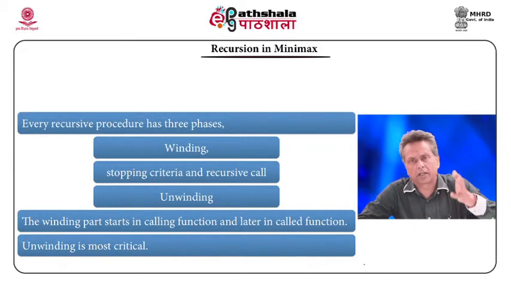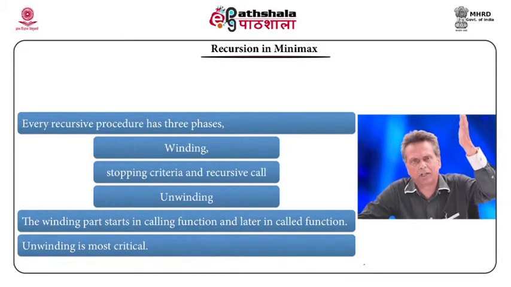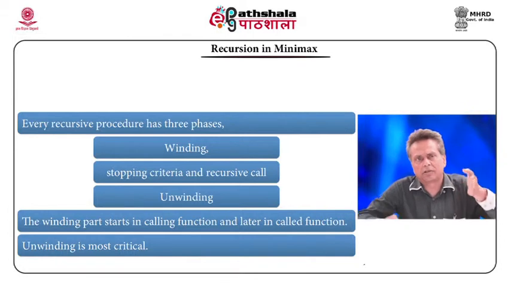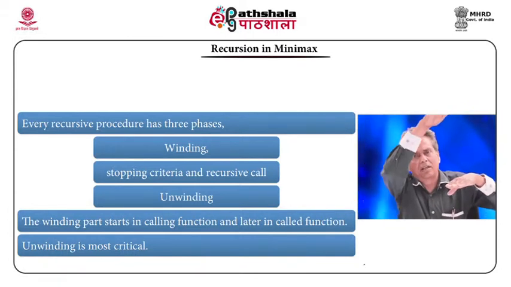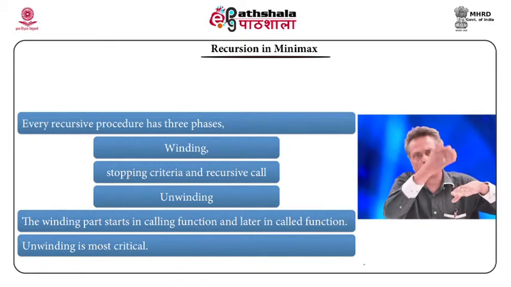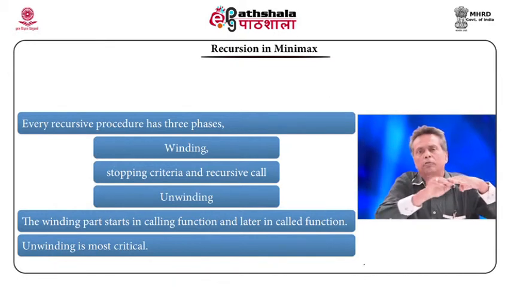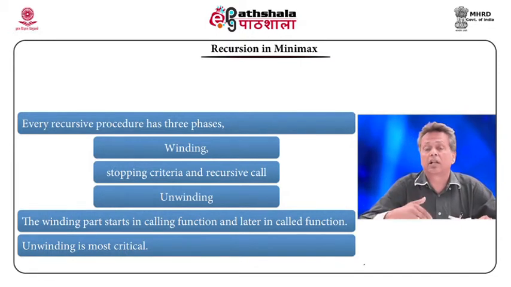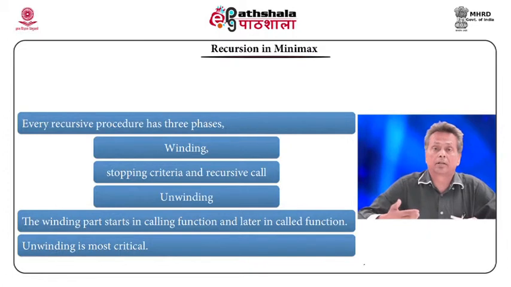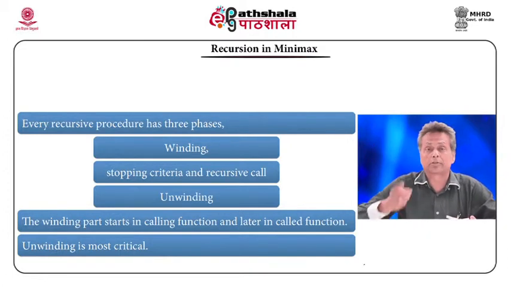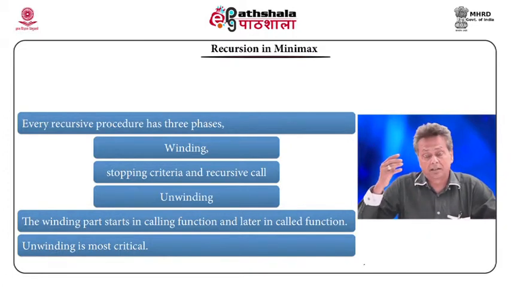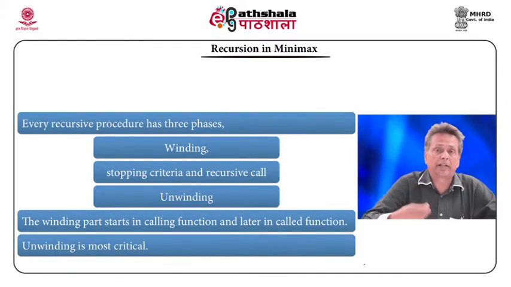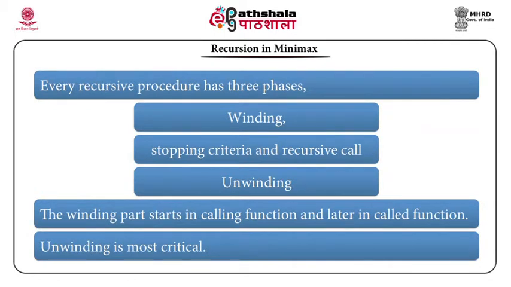Before the call is made, every statement in the function is executed, so that is a very common thing. The unwinding part, on the contrary, is very important here, because it happens in the reverse order. In many cases, the recursive process is invoked just because of that unwinding part being done in this simplified manner.